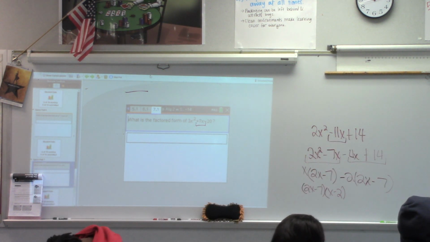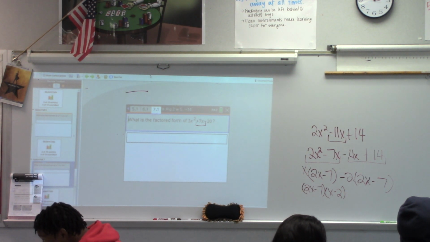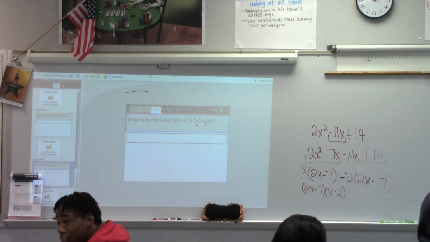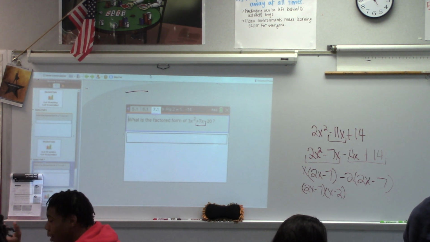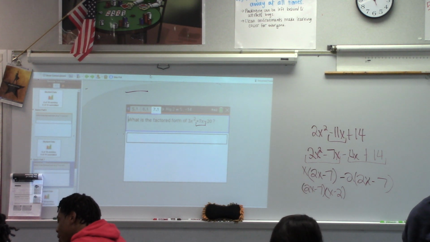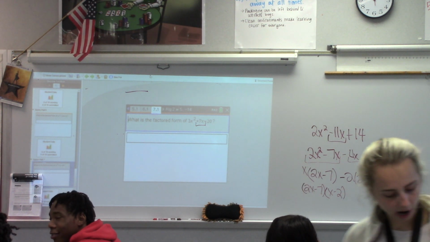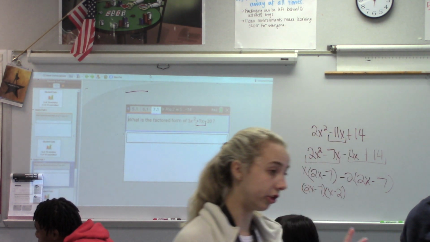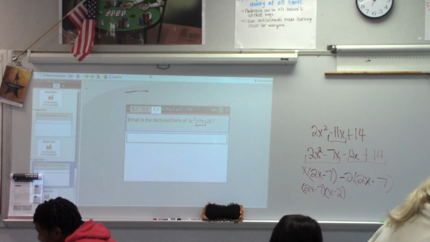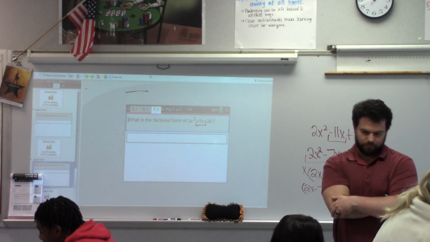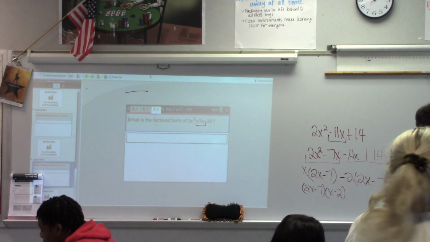Got it? Remember from here, hold on, you can still take out a 3 out of that. 3 goes into 12 and goes into 3. Do I have the same thing in both of those? So you might want to make sure you factor the greatest common factor out of the first one. What's the greatest common factor of 3x squared plus 12x?